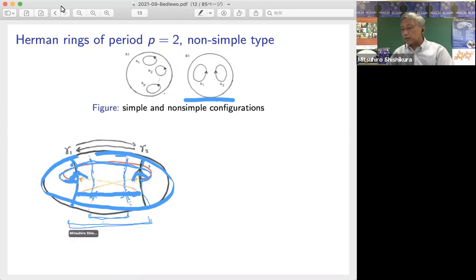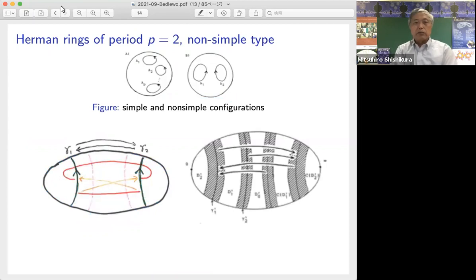That means that they have the same modulus, but it's strictly smaller for this one. So that's impossible. So somehow a possibility is that you have a degree 2 from here to there, or degree 2 here to there, or the other possibility that you have a critical point so that the image may cover the bigger region. So after realizing this, you can just construct this non-simple configuration by this type of surgery.